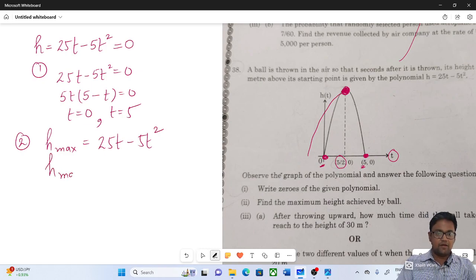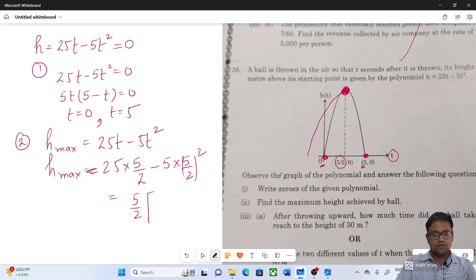So the maximum height is obtained at 5 into 5/2 minus 5 into 5/2 whole square, right? So you can take out a 5/2 common, that could improve your answer. 25 minus, again 5/2, so 25/2 will be left, because one 2 has come out here.